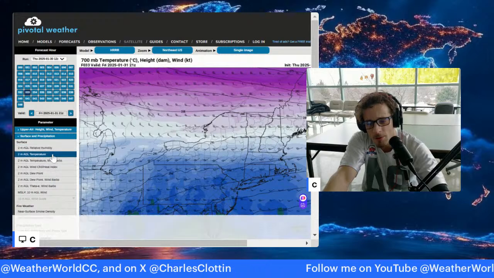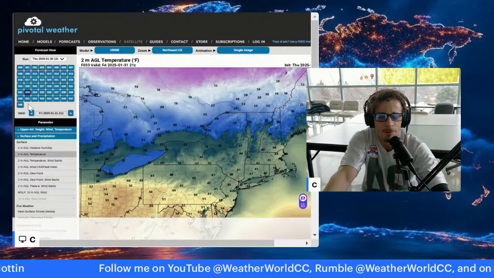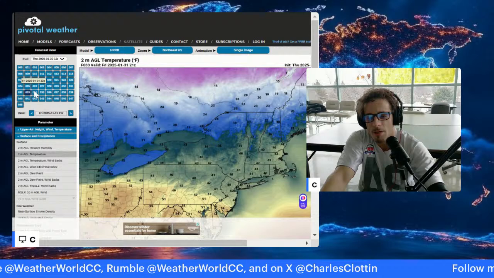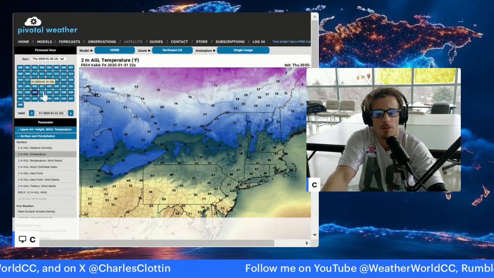So I don't think temperatures are going to do much. Temperatures are pretty much going to stay around the late 30s. The 30s, it looks like still.